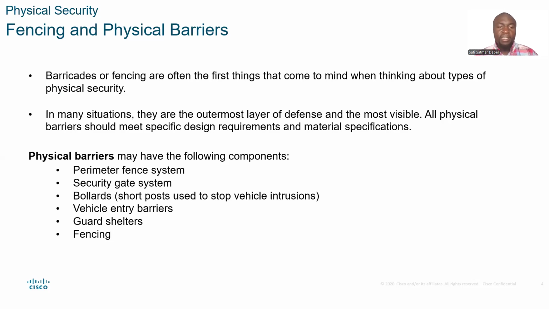Barricades or fencing are often the first thing that comes to mind when thinking about types of physical security. So when we talk about physical security, basically we are trying to focus on how to limit physical access into secure premises or unauthorized locations. So probably your computer rooms or your server rooms or your switch rooms or maybe your data centers, things like that.